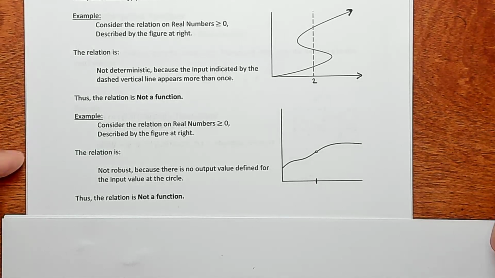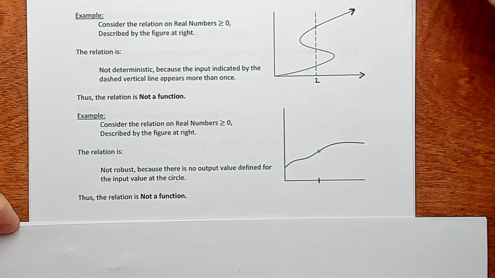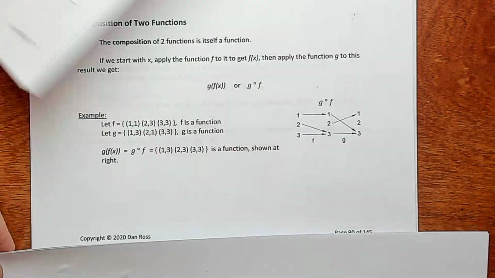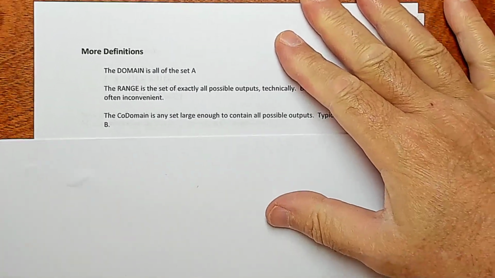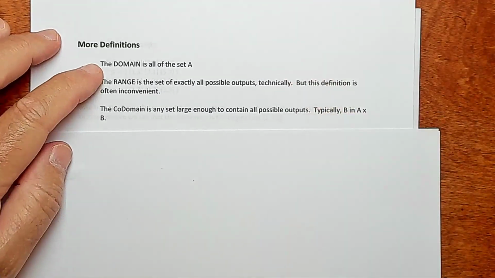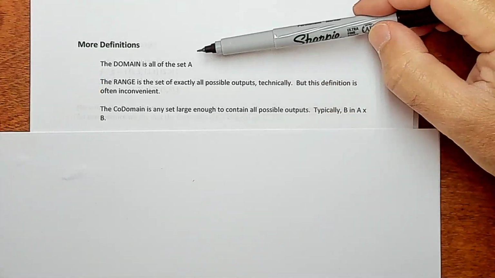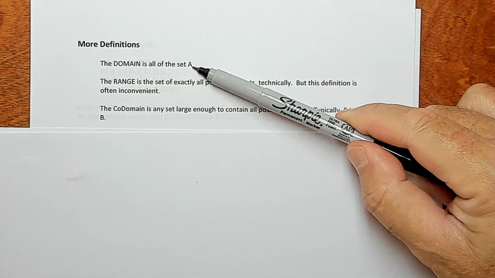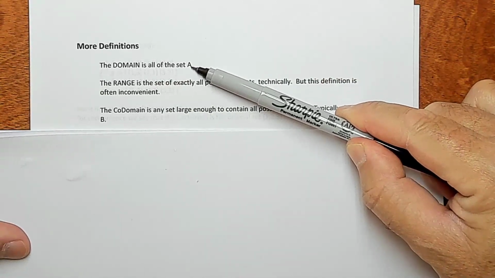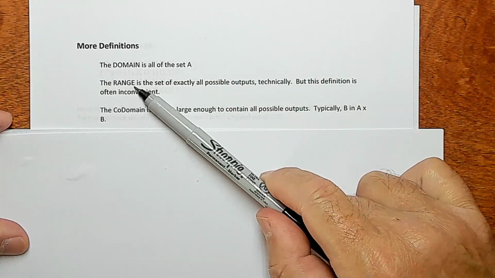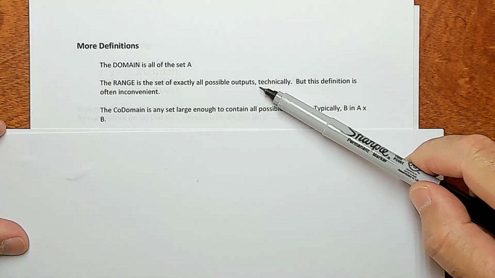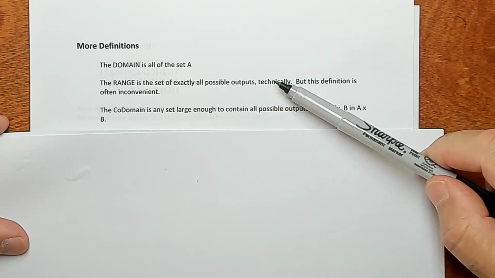Okay, so before we go any further, we need to define a few things. We have a couple of definitions: the domain, the range, and then the codomain. So the domain is all of the input set, and the range is the exact output set, technically.